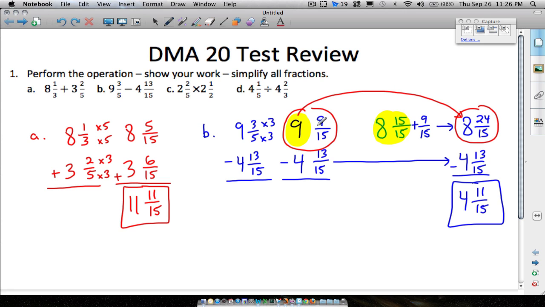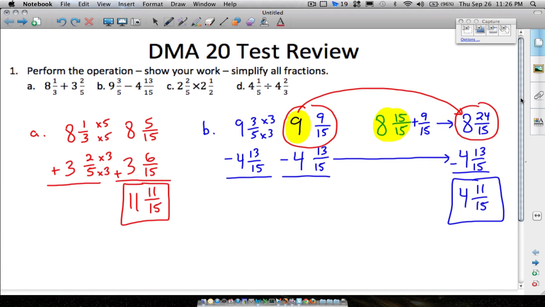And if you add these two numbers together, 9 plus 15 is 24, and you still leave it over 15. That way you still have your common denominators. That's the shortcut. You just take 1 away from the 9 to give it 8, and then you add the numerator and the denominator together to get that new numerator. But that's a shortcut for borrowing.